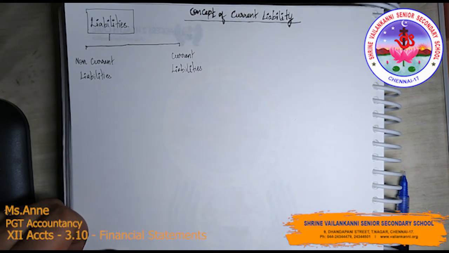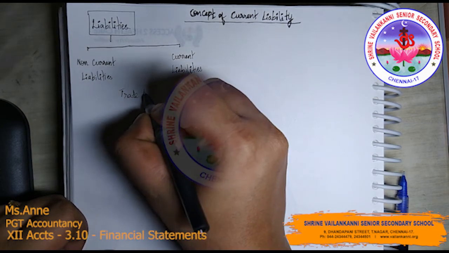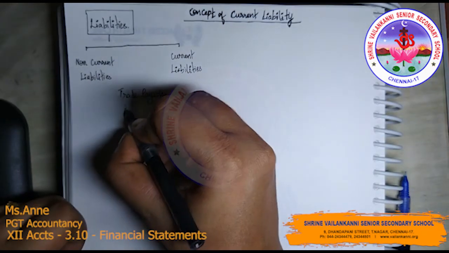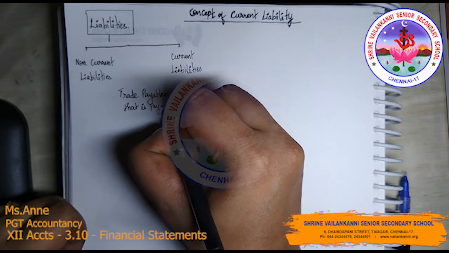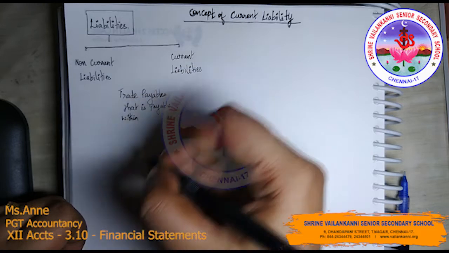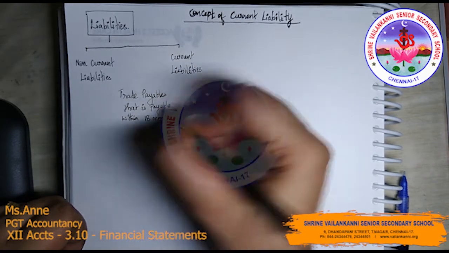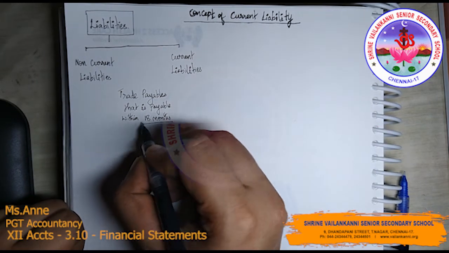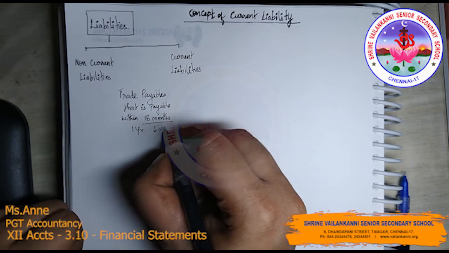Say for example, if you have trade payables, that is payable within 18 months. Now 18 months means it is 1 year and 6 months.